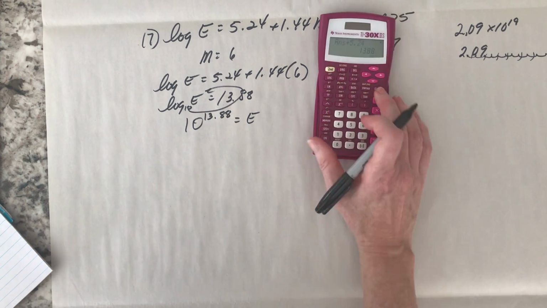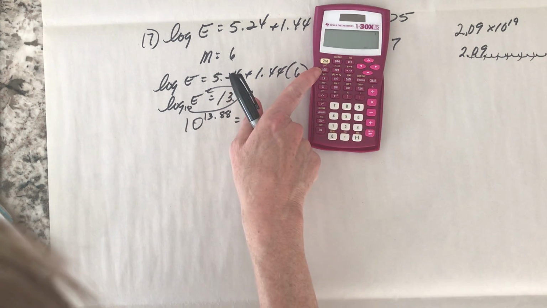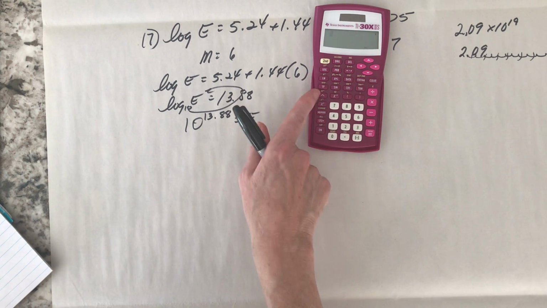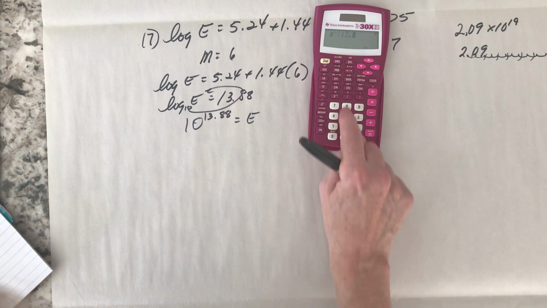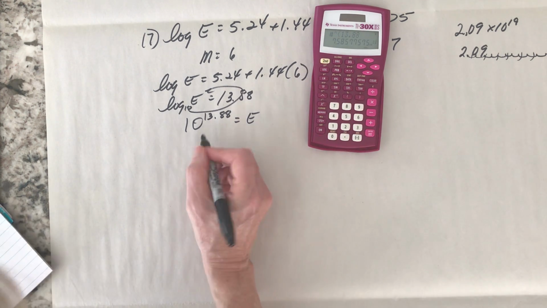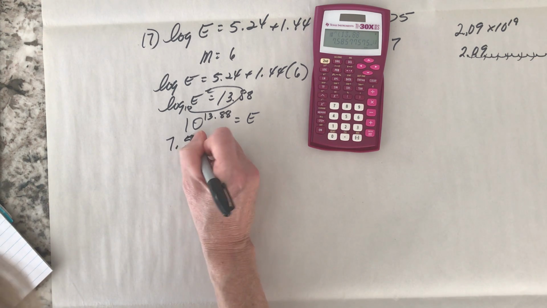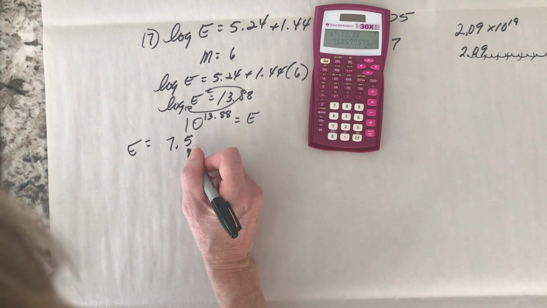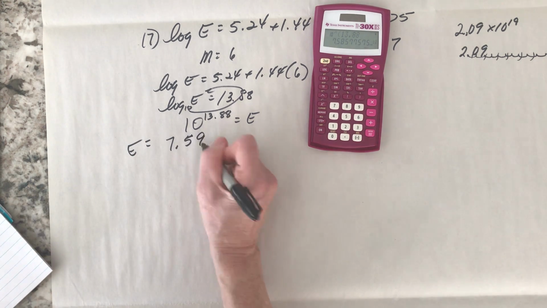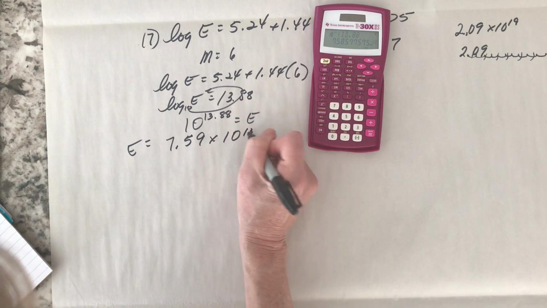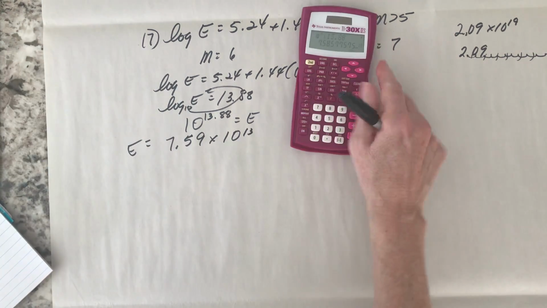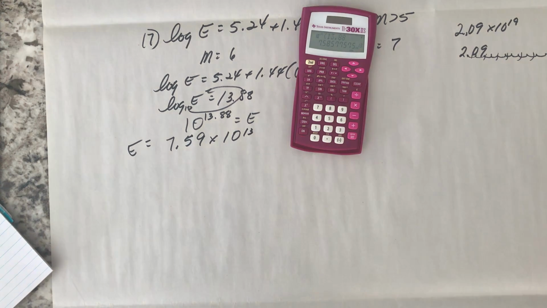Let's see what our calculator will tell us about that. Use this key if you want to, or the other one. I'm just going to use this one: 10 to the 13.88 equals, and that gives us E equals 7.59, if we're rounding to the hundredths place, times 10 to the 13th power. That's what that little 10 to the 13th is telling you.